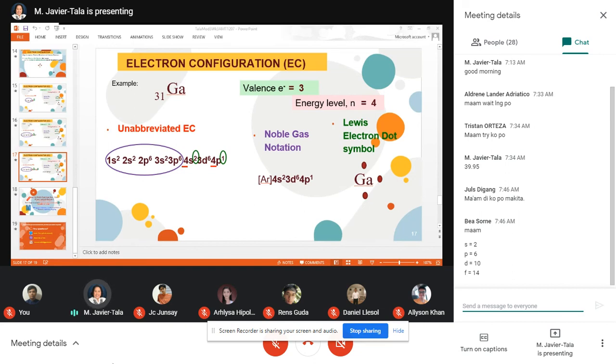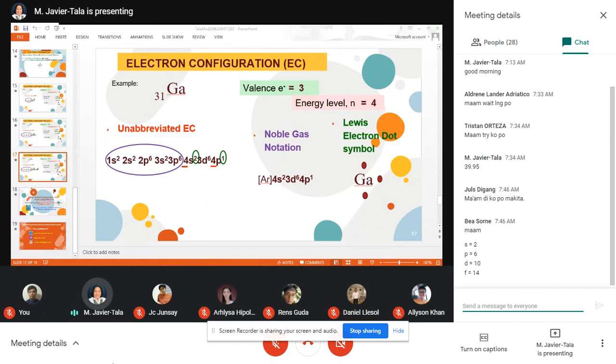So another example that you have to take note of, class. So this one we will use gallium, which is a liquid metal. So your gallium has an atomic number of 31. So in its unabbreviated electron configuration, it has this. Okay?